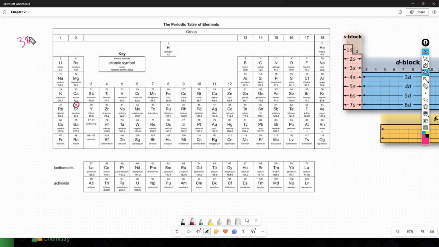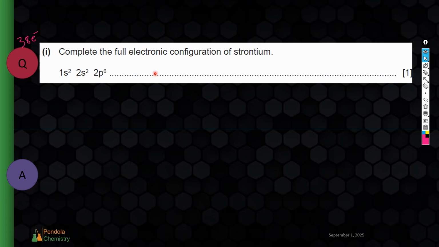So we have 38 electrons for strontium. Well, right now here we have 2, 4, and then 6. This is 10 electrons in total. So they've given us 10 electrons already for strontium, which means that we have 28 electrons left. All we have to do is the same thing that we did before, but just finish out the 28 electrons that we have left.